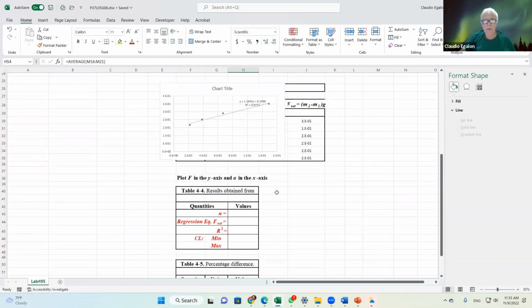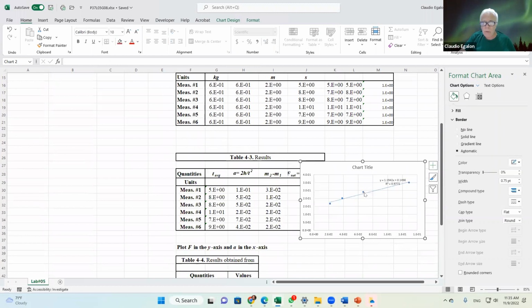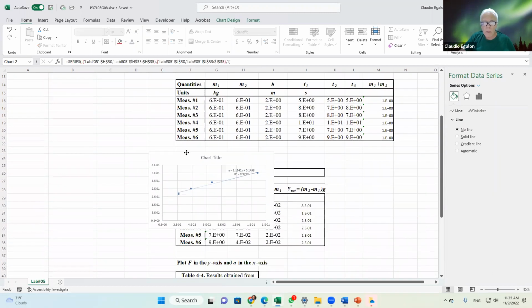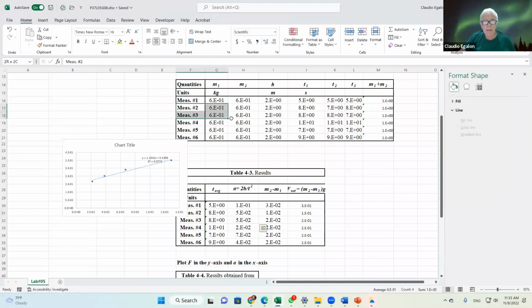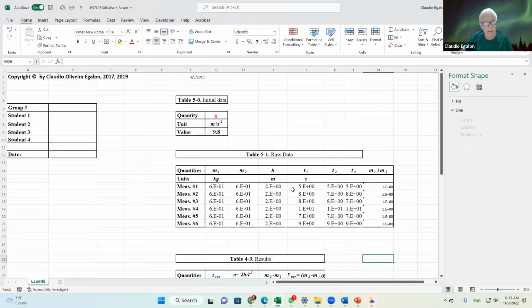If you had performed this experiment, I would ask you to repeat those 2 data points, measurement 2 and measurement 3. Now let me erase that. I want to keep this sheet clean.